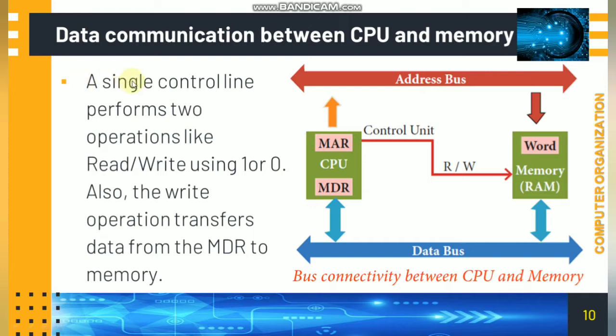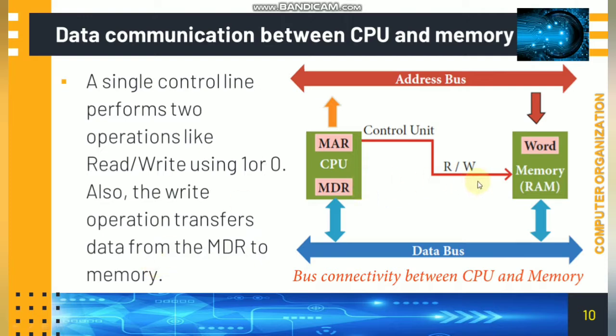Okay, a single control line performs two operations. This is the single line which controls two operations, read and write. So always read is 1 and write is 0. Also, the write operation transfers data from the MDR to the memory.